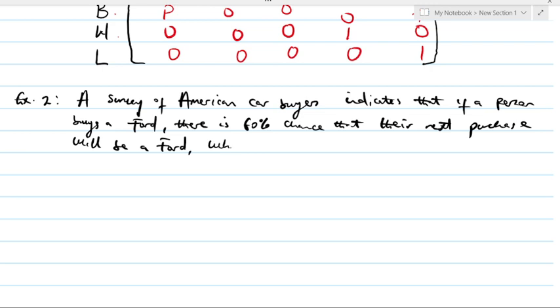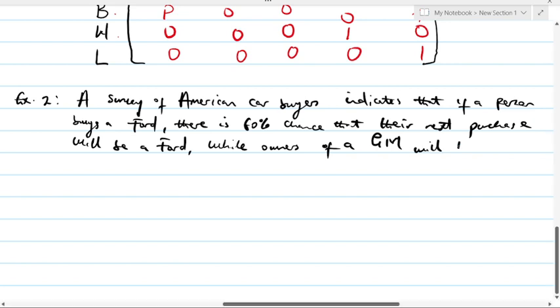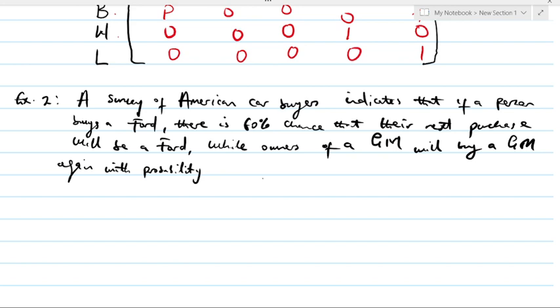While owners of a GM, this is also another name of a car, will buy a GM again with probability of 0.80.